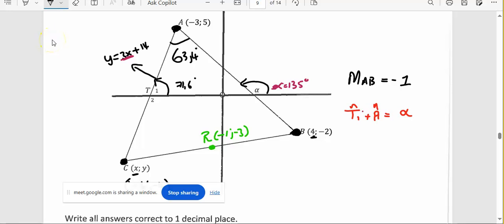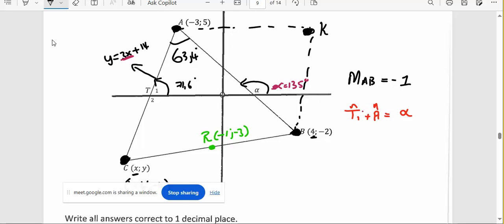They said B, C, A. Then we should put the K somewhere there, so that this can be a parallelogram. Do you know what a parallelogram is? Right. So now they say this is K, and we need to find the coordinates of K.